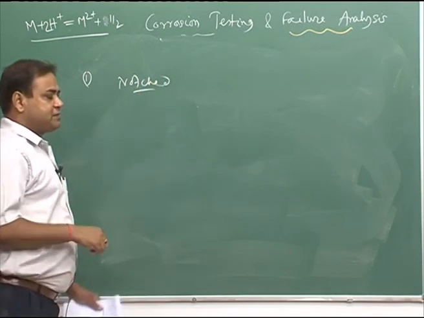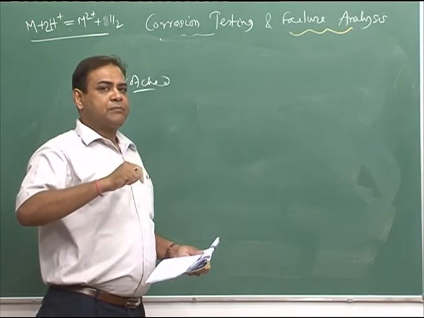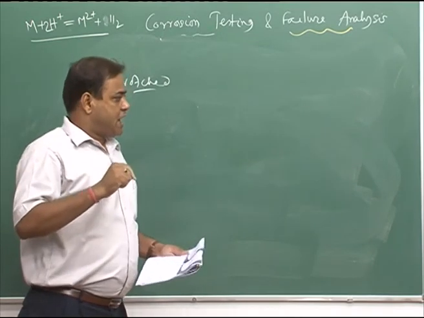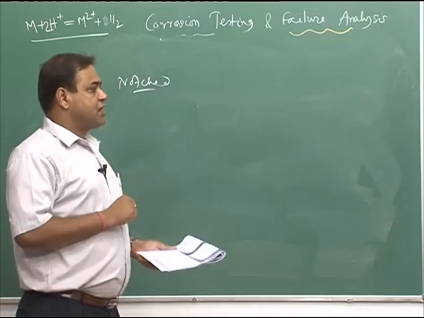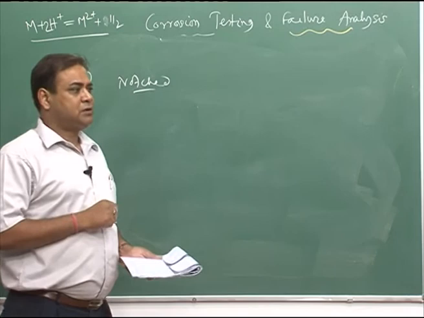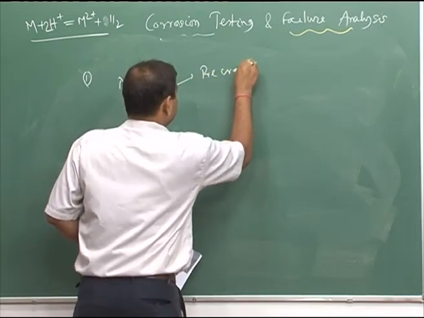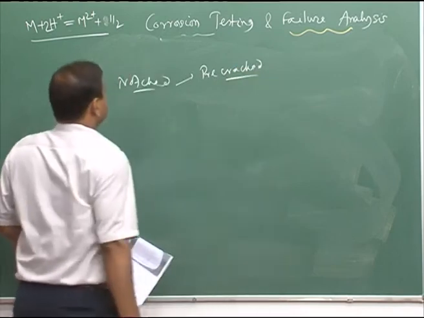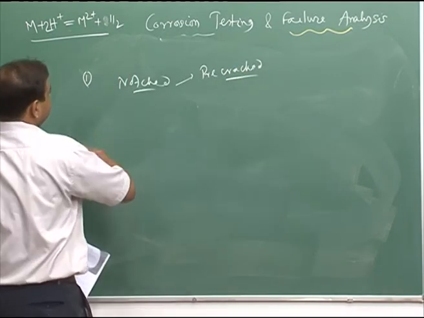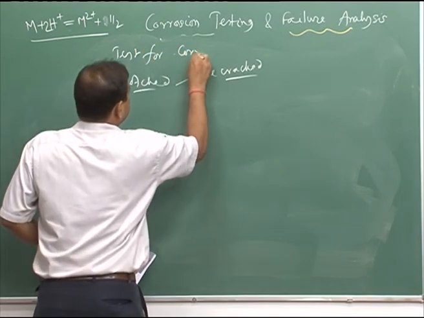we can place it in a solution and we can rotate that sample in the solution, and we can also put stress on that and then find out for notch as well as pre-cracked samples. This is basically the test for corrosion cracking.